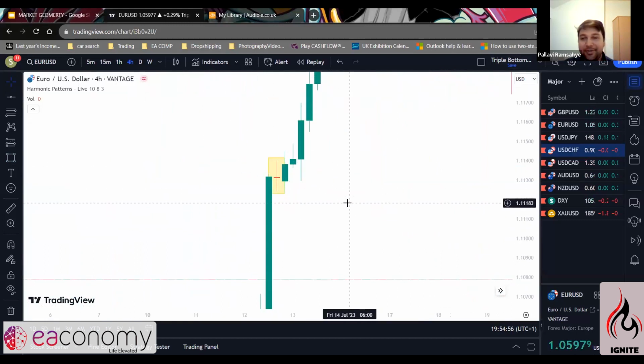A doji candle. Perfect. What does a doji candle represent? What does it mean in regards to the market? Confirmation, change of direction. So a doji candle is in fact the market telling us at this point in time, it doesn't know which direction it wants to go in.